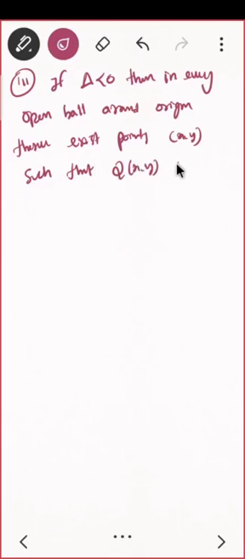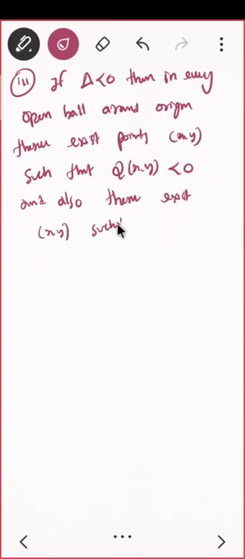Then in every open ball around the origin there exist points x comma y such that q of x comma y is less than 0, and also there exist points x comma y such that q of x comma y is greater than 0. Around the origin you will get both types of points there.